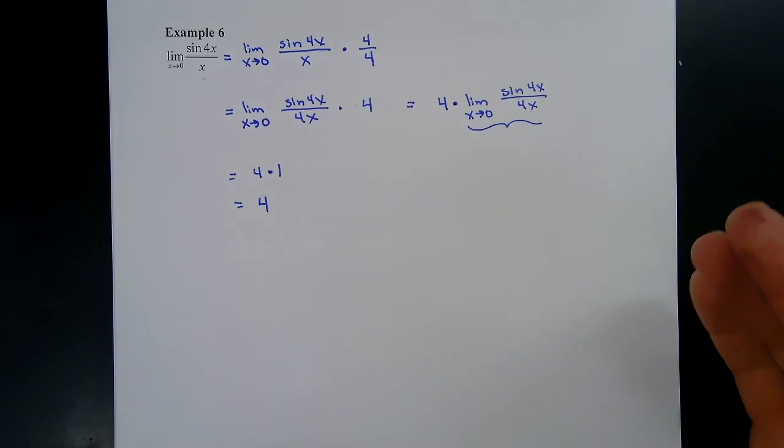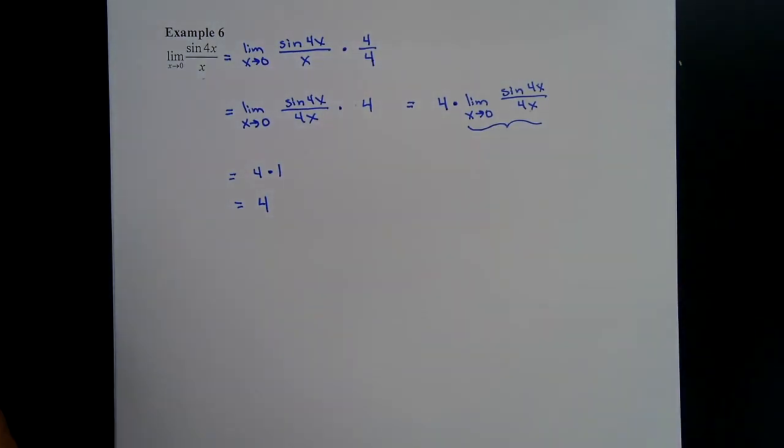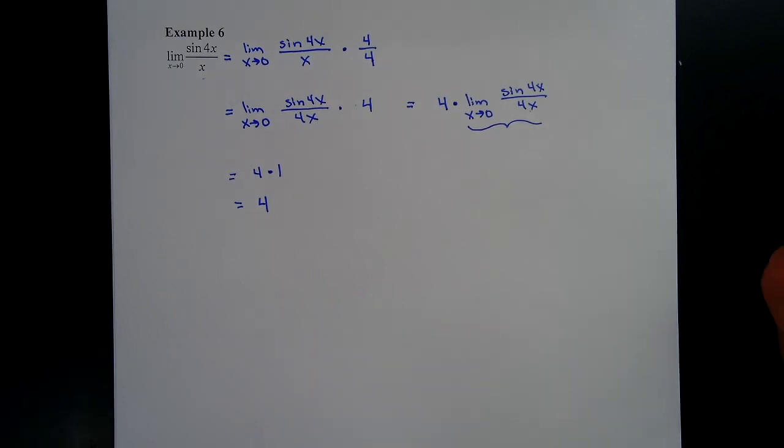If you don't believe me, you could build a table and see that it would get closer and closer and closer to this number 4. All right, you guys, so that's a lot of algebraic techniques, a lot of review of algebra stuff that we learned last year, and I know it's hard this year, but hopefully it comes back.